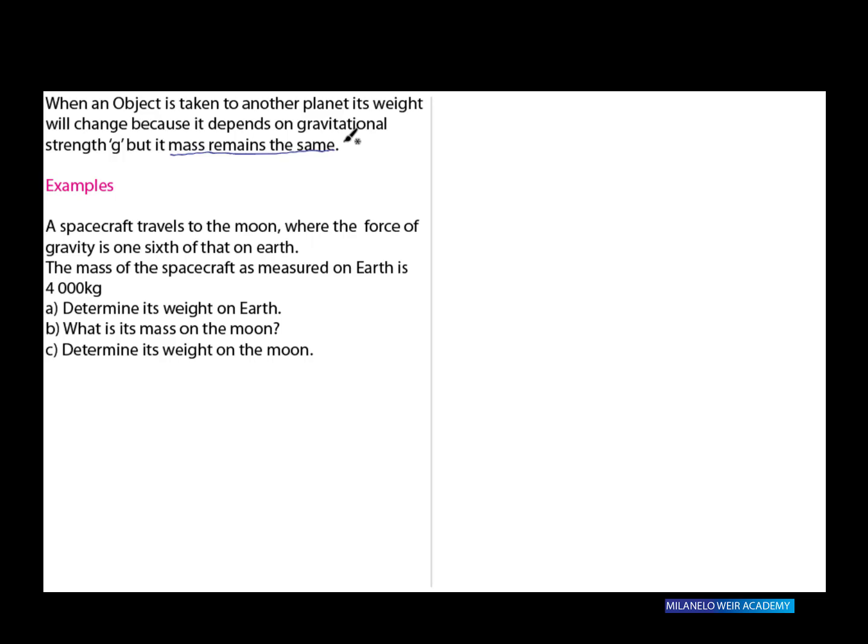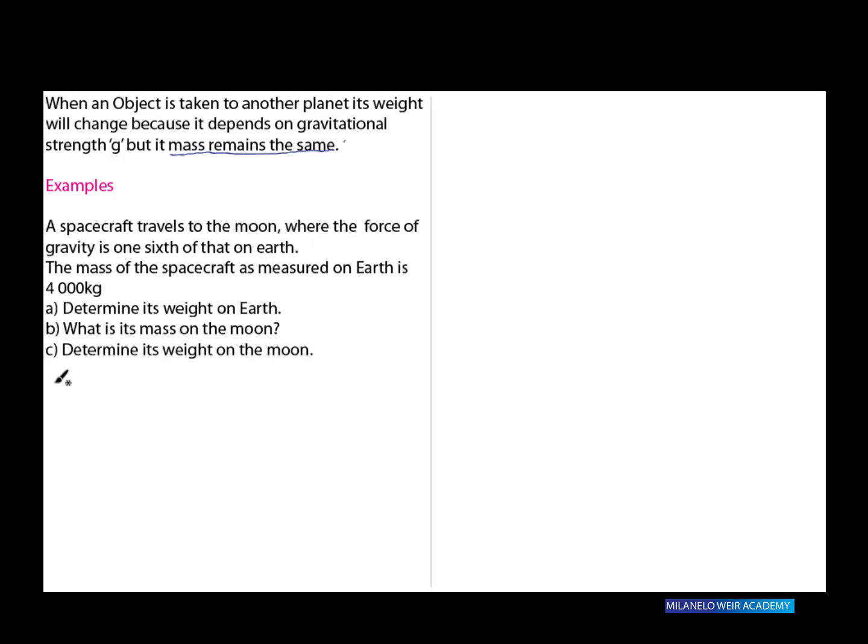A spacecraft travels to the moon where the force of gravity is 1/6 of that on Earth. The mass of the spacecraft as measured on Earth is 4,000 kg. Determine its weight on Earth.